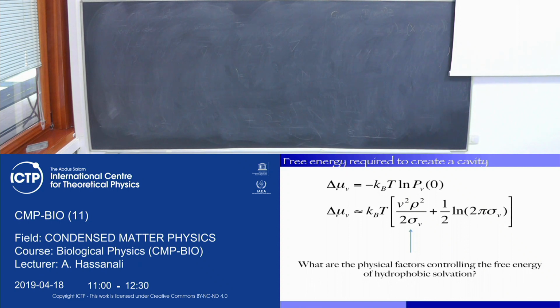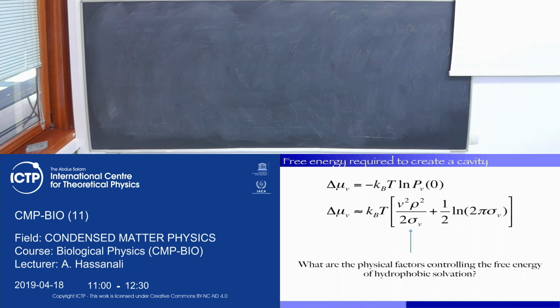I know that for small cavities, the work required to create the cavity is related to the density squared and the compressibility. So if I know something about the compressibility as a function of temperature, and how the density depends on temperature, then I might be able to understand why there's this temperature dependence to the hydrophobic effect.